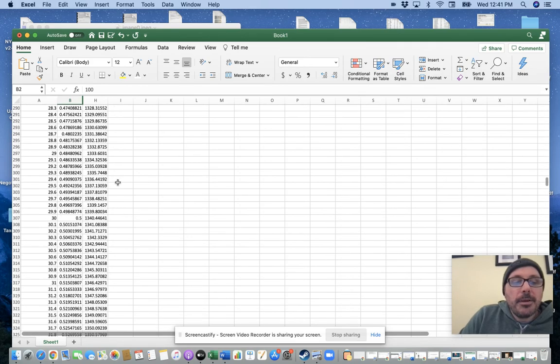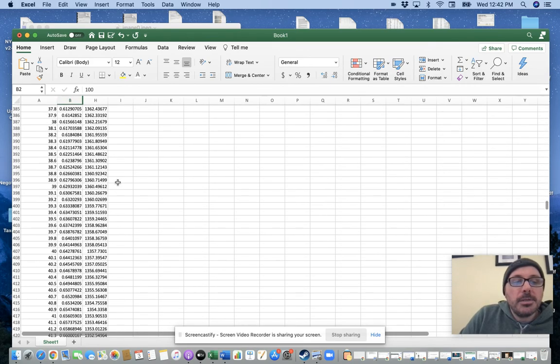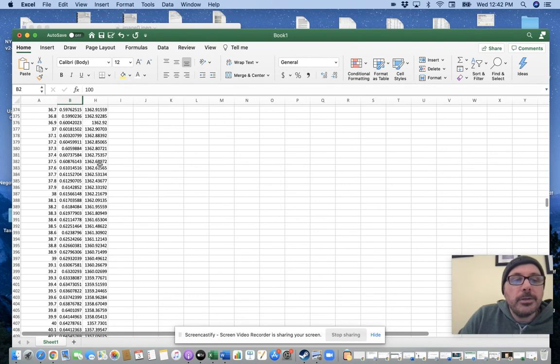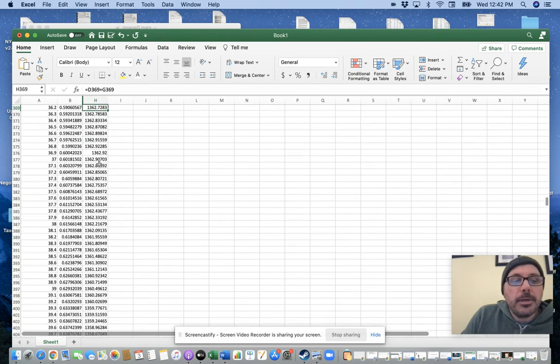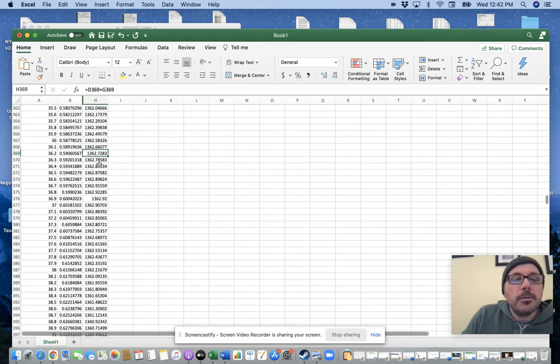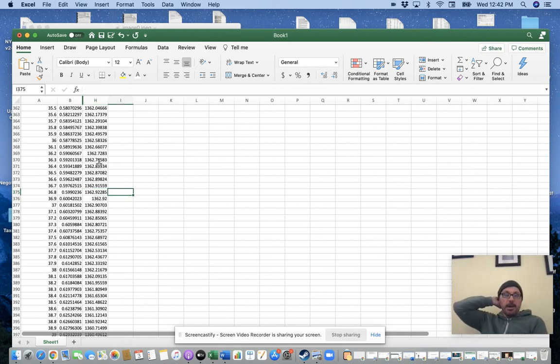Seems to still be going up there, 1300s. Oh, somewhere in the 1300s is the maximum range. And so I can hunt and peck and find where that 32 is the largest 32. It looks like that one right there, 36.8 degrees is my winner.